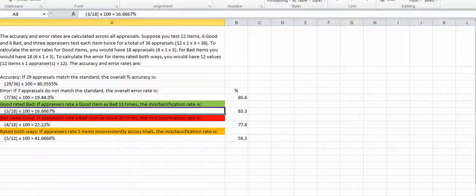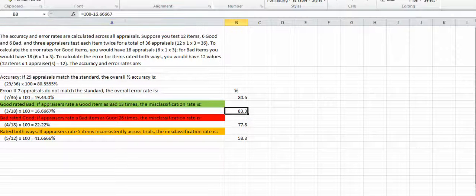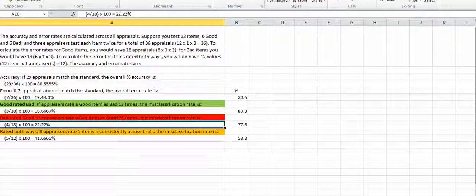Manufacturing risk, we said we don't want to reject good products, so we rejected 3 good products out of 18. That will give us a percent error of 16.6 or 17% if you remember, or the percent acceptance in this particular case of good rated bad is 83.3. For the bad rated as good, we had 4 of those instances out of 18, or 22%.